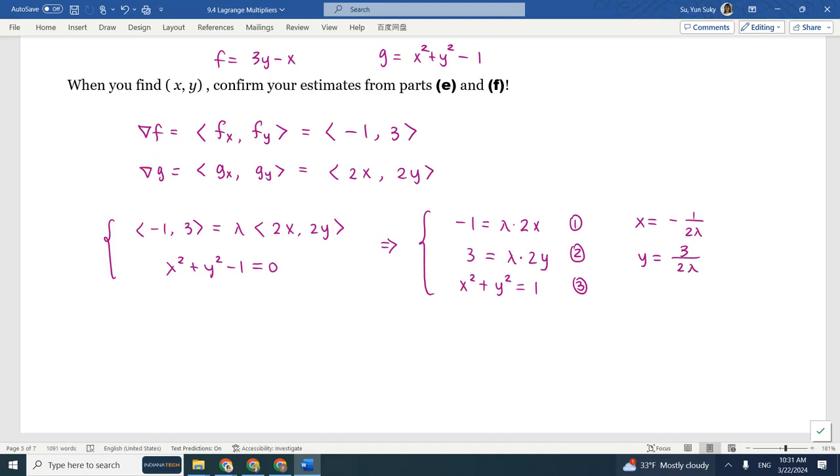Yes, everybody? So we can then plug into equation 3. So x is negative 1 over 2 lambda, squared, plus y, which is 3 over 2 lambda, squared, equals 1.